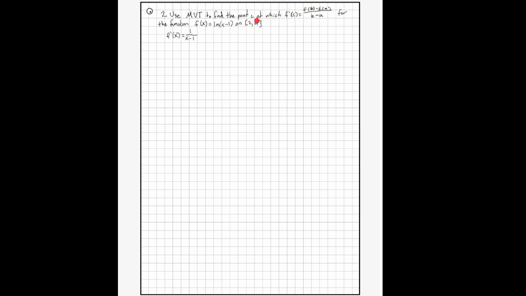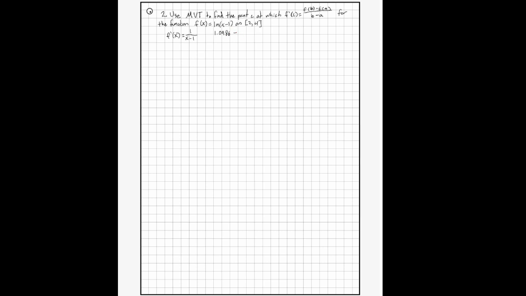b would equal 4 and a would equal 2. So I first plug this in. First of all, I need to find f of b, which is just plugging 4 into this equation right here. When I plug it in on my calculator, the natural log of 3, I should get about 1.0986, something like that.